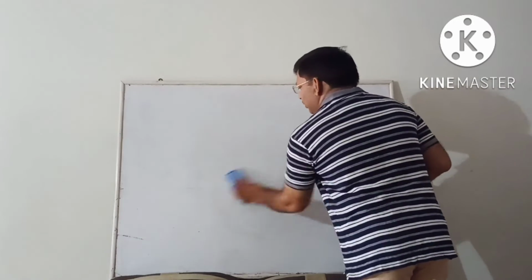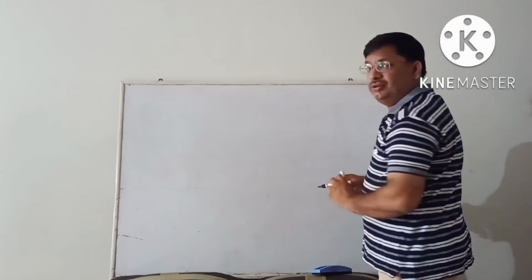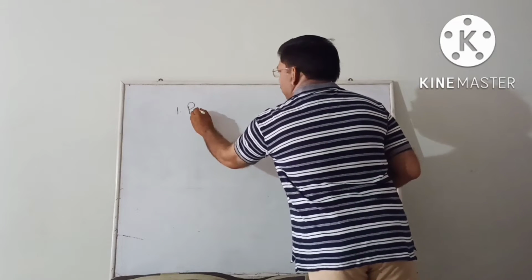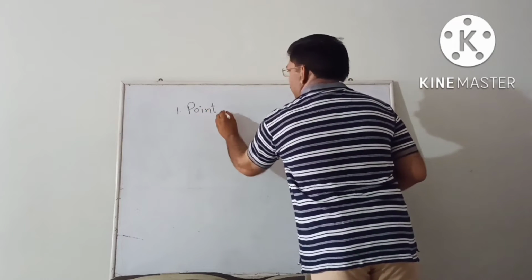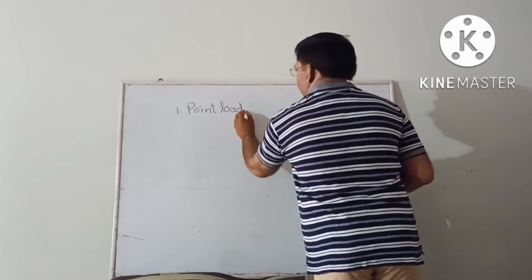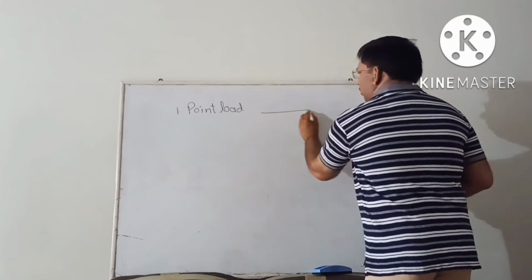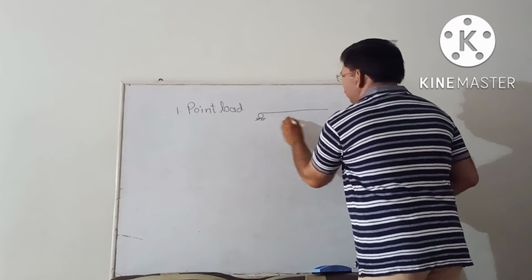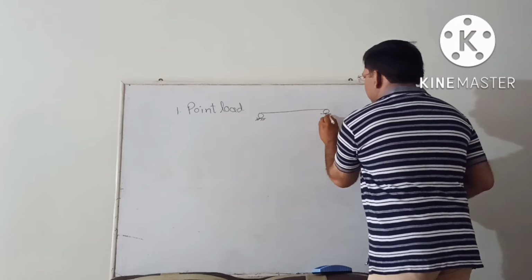Now similarly, the loads may also be of different types. We have 3 types of loads. First one is point load. Suppose this is a beam. These are the supports. Supports may be different.